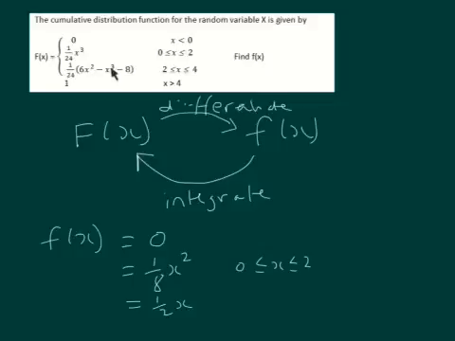Differentiate 1/24 x cubed, that's minus 1/8 x squared. And differentiate 8 is 0, and differentiate 1, that's also 0. So we've got this, and this naught is otherwise.